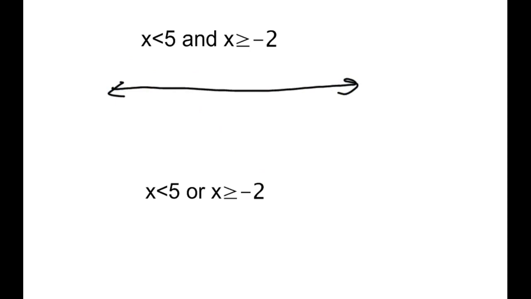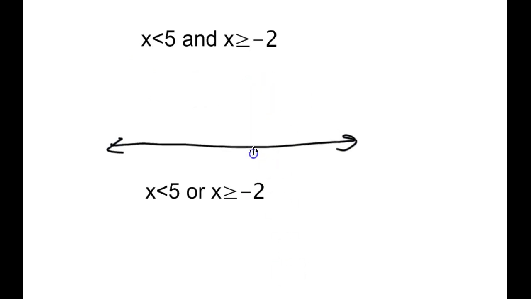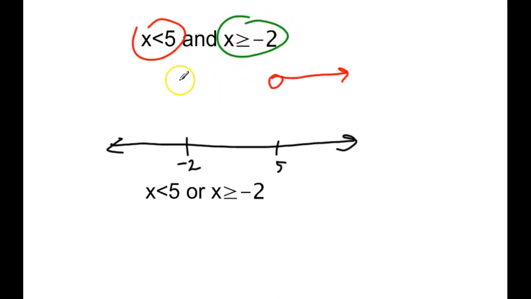This is one way of solving this problem, so I might think about it this way. If we have our, this is -2, and this is 5. So if I kind of did my thoughts up above, if I do this guy up above, that's going to look kind of like this, greater than 5. If I do this guy up above, that's going to look kind of like this.